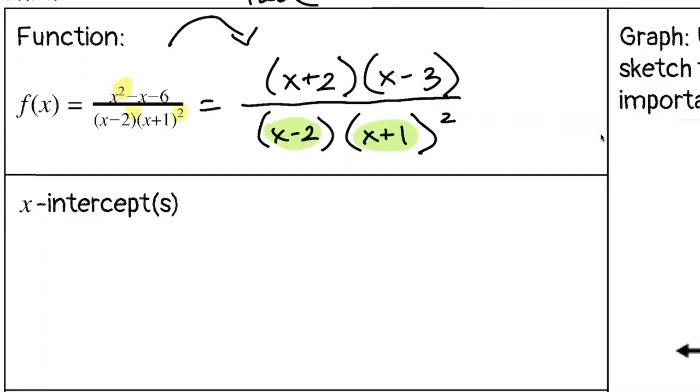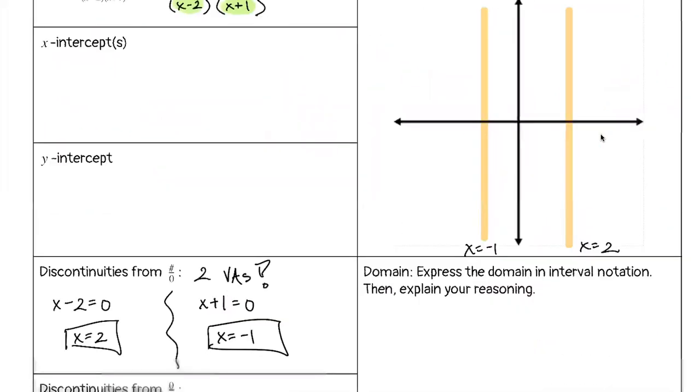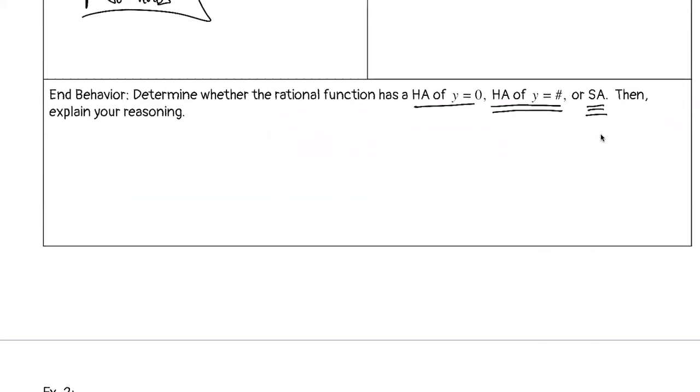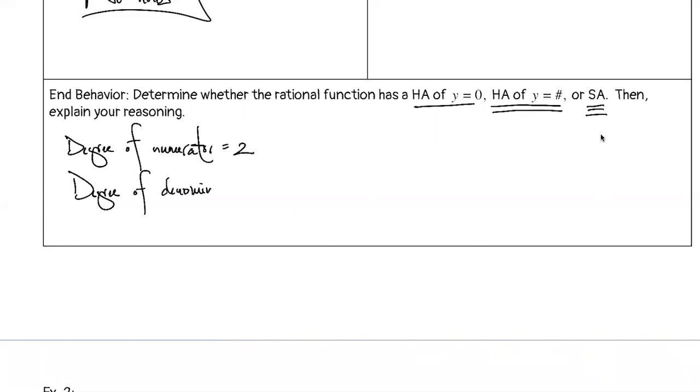Okay. So if we go down to where we're talking about end behavior, let's actually use the explanation to help us make our decision. So we can say that the degree of the numerator equals 2, and the degree of the denominator equals 3, right?